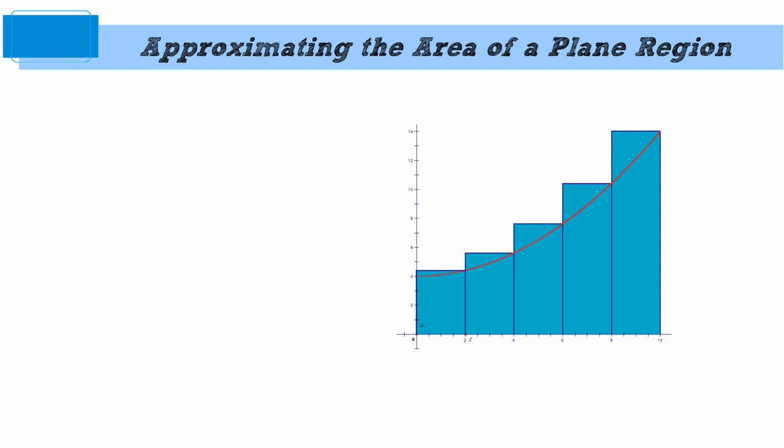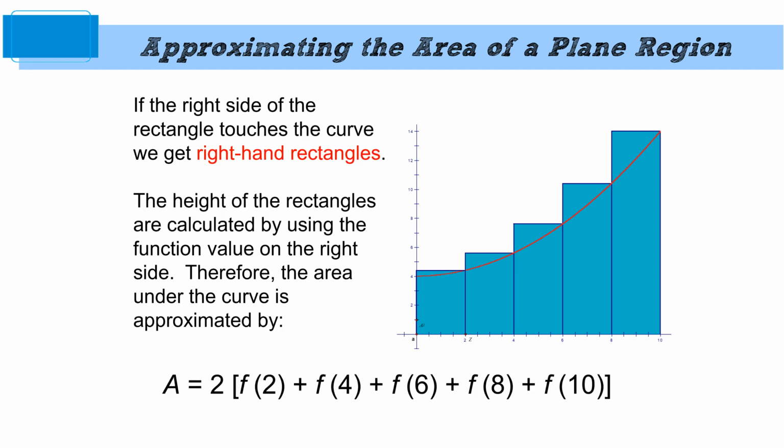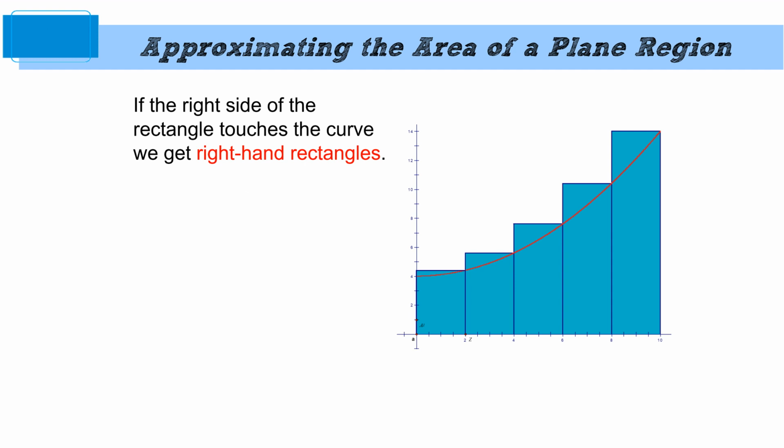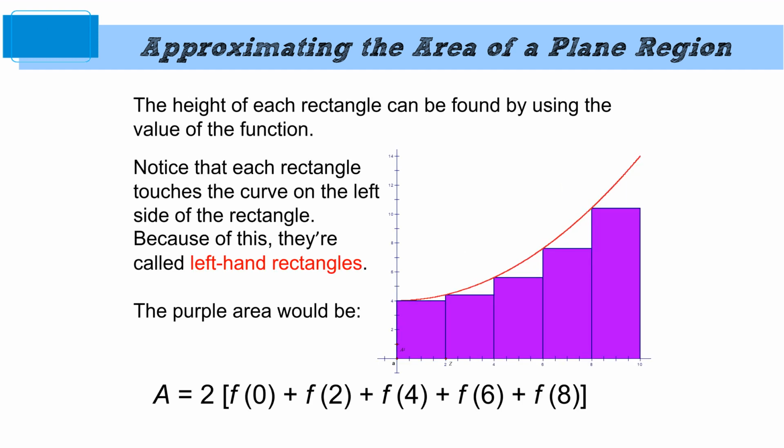6, correct. Okay. Now, for those of you that are confused, it's real simple. Ask yourself, which corner of the rectangle is touching the function? This middle one is touching on the right-hand side, so you use that value of F of 6. Right-hand rectangles, approximating by. Now what I want you to look at is this function at the bottom compared to that.